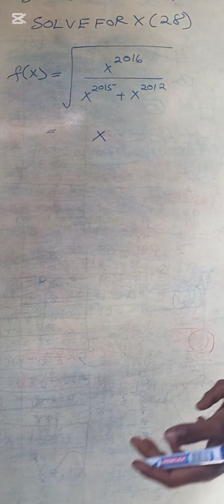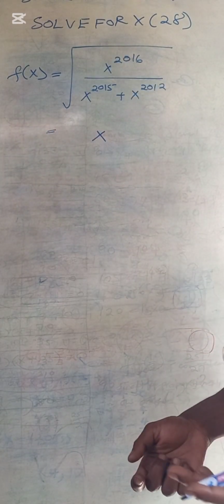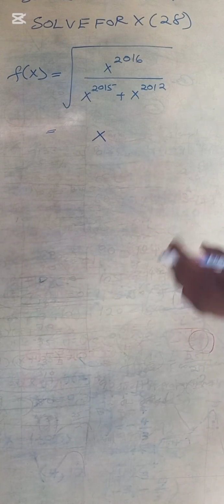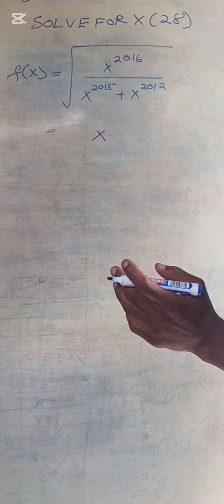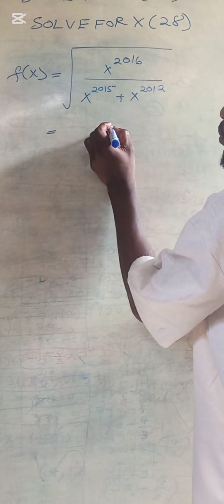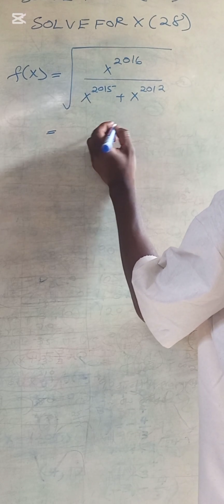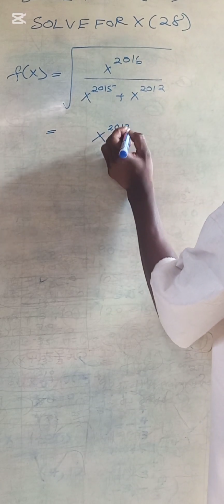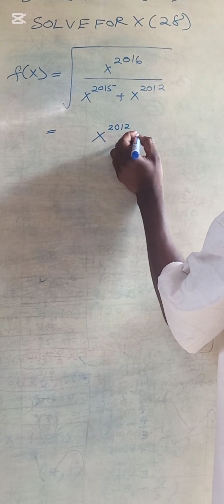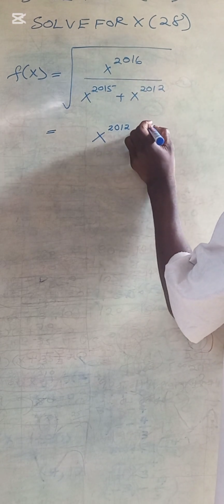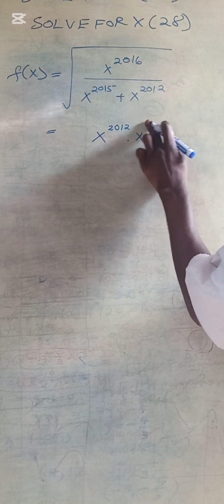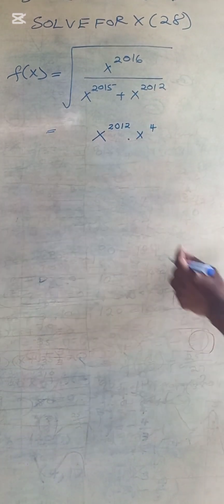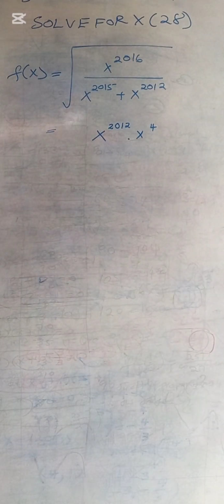So how can we reduce 2016 to 2012 using laws of exponents? Multiplying powers of the same base, we add the exponents. So we reverse the law. We say it was x to the exponent 2012, which is the lowest exponent, multiplied by x to the exponent 4, because 2012 plus 4 gives 2016.